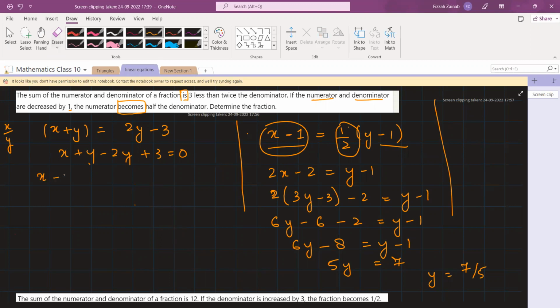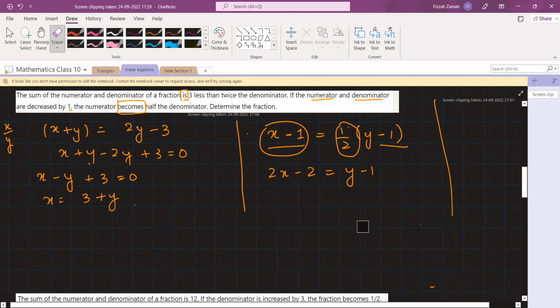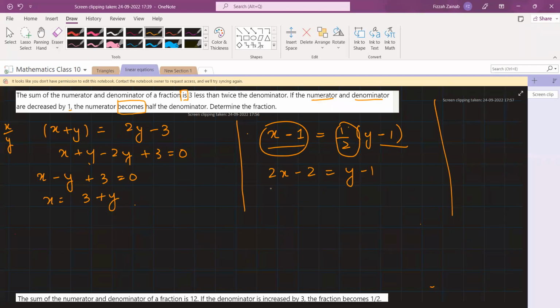So x minus y plus 3 is equal to 0. So x will become 3 plus y, right? Oh yeah, so this will also change. Yeah, whole thing will change. Yeah, okay, sorry. So this becomes 2 into 3 plus y.